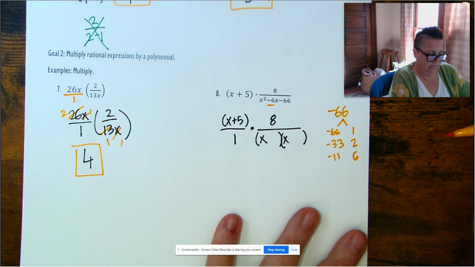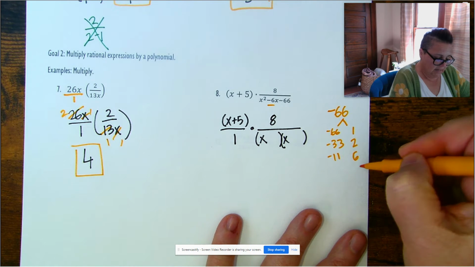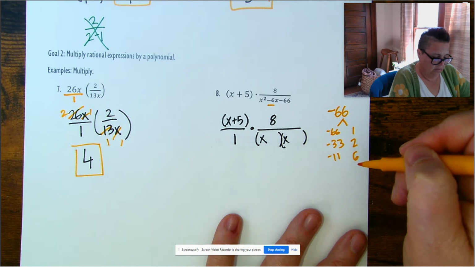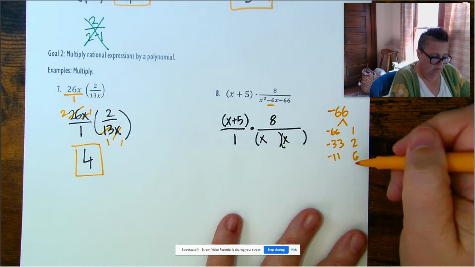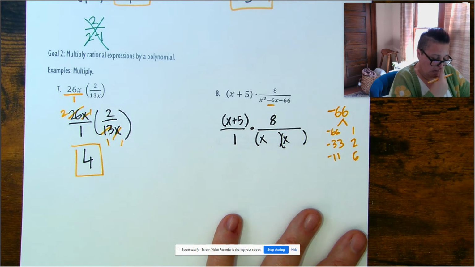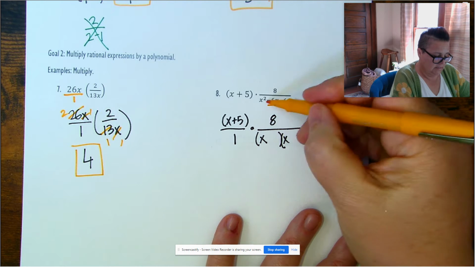Okay, so this guy's not factorable. Because that's going to add to be a positive 5. Maybe I meant to do a negative 5 there, but even then, seems to be prime.